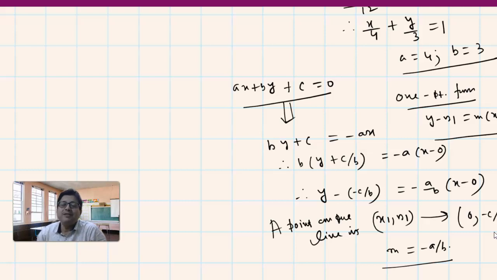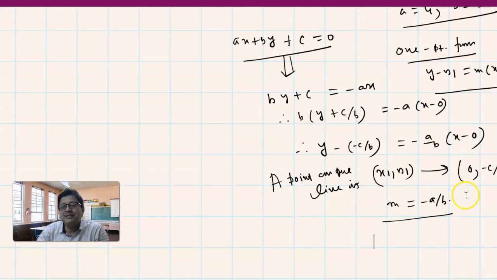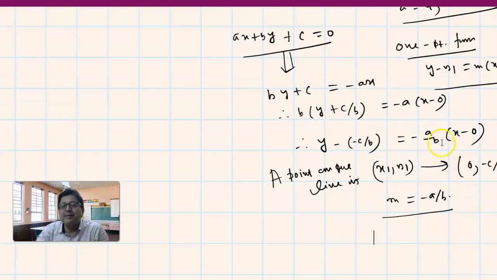When one point form is there, two point form can easily be done. You can just express this one as a minus 0, b minus something like that. You can get it easily. So actually this is the slope of the line. Expressing the general equation in gradient form, intercept form and one point form is required for the sake of solving problems on straight lines in two dimensions.